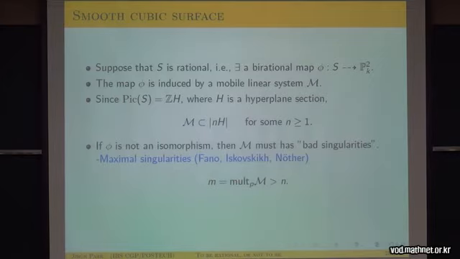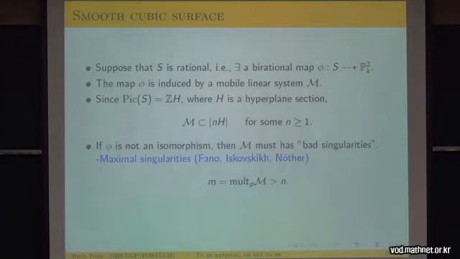All right, and if this pi is not an isomorphism, then that implies this linear system has some bad singularities. There is some point where the members of the linear system have singularities.